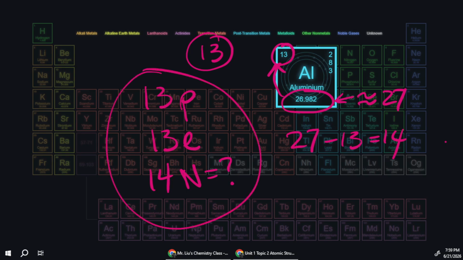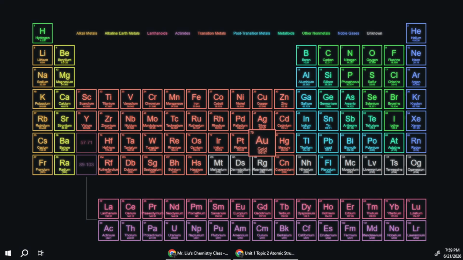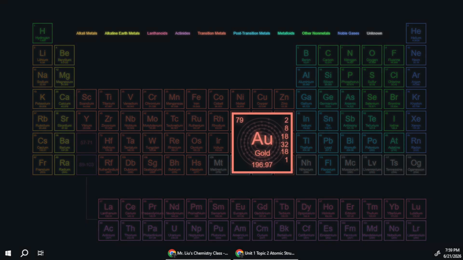Okay, pretty easy. So let's do another element. For example, let's pick a big one. Let's do gold. So gold is Au. The atomic number is 79, and then the atomic mass is 196.97.